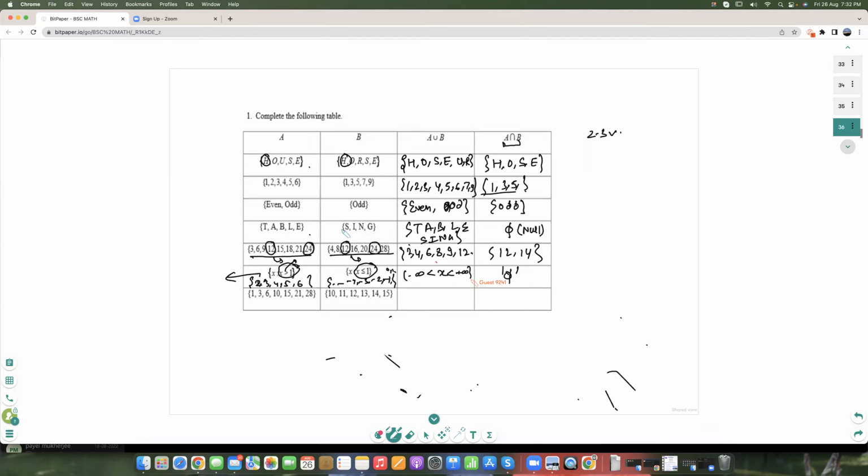Okay, and the union will be 1, 3, 6, 10, 11, 12, 13, and then 14, 15, 21, 28. And the intersection is 10 and 15 only.